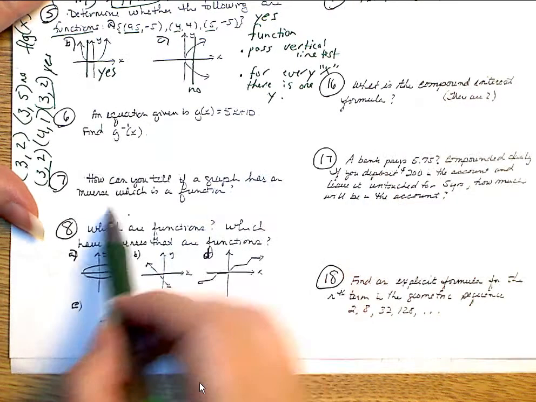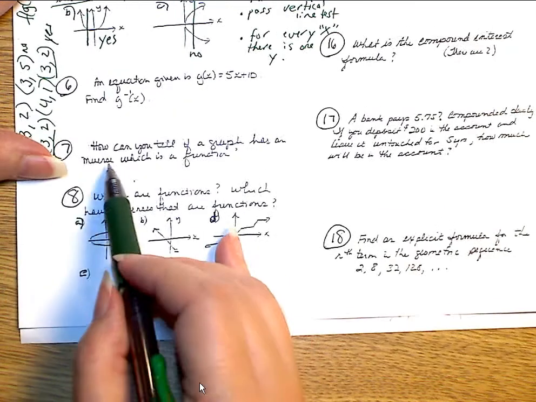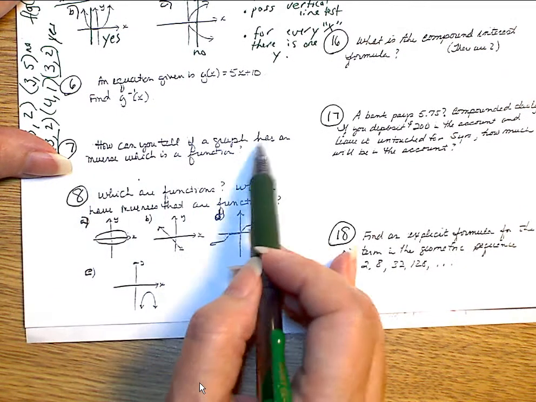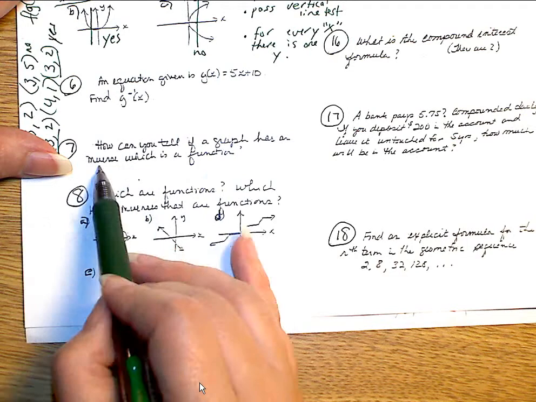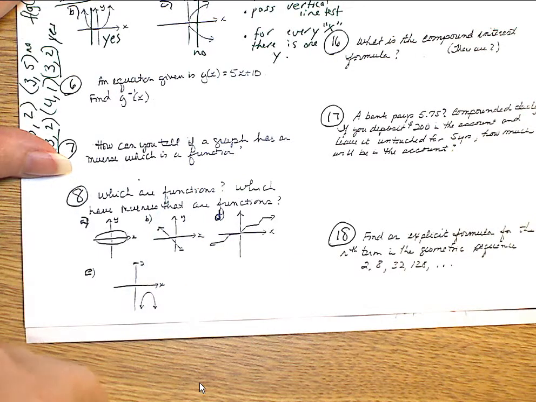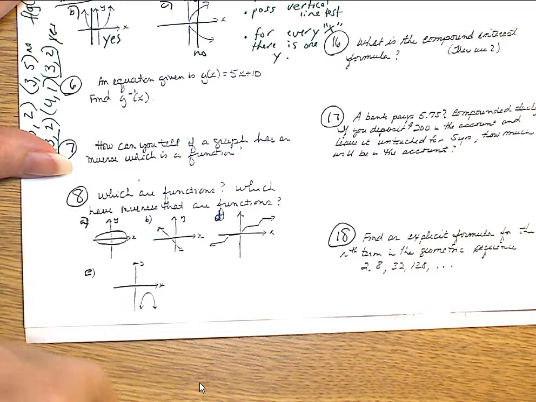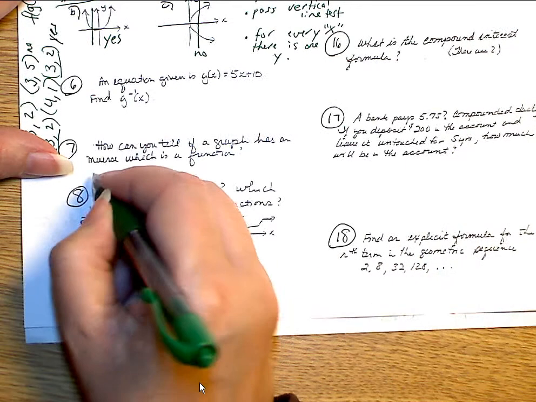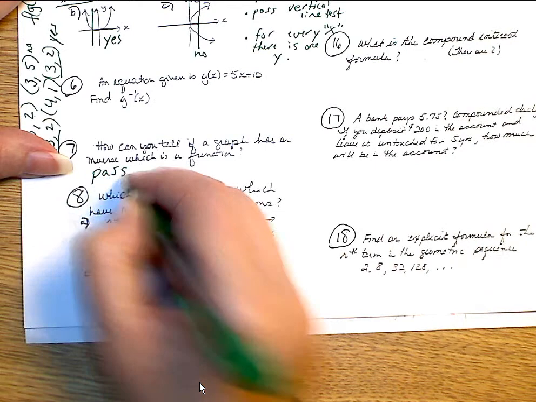I want to jump to 7 for a second, and I want you to tell me, how can you tell if the graph has an inverse which is a function? So how can you tell by looking at a graph if its inverse is a function? It has to pass the horizontal line test.